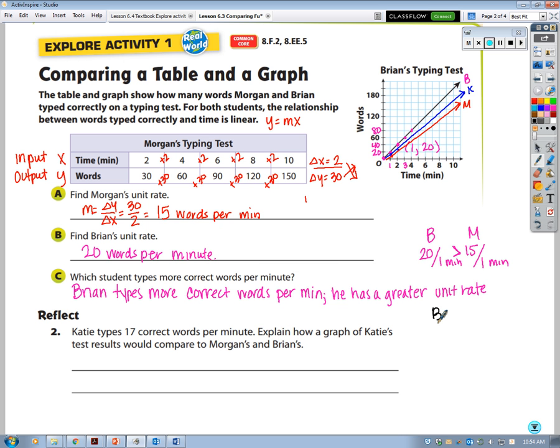So if Brian's is 20 words per minute, Katie's is 17 words per minute, and Morgan's is 15 words per minute. So Brian's is greater than Katie's, Katie's is greater than Morgan's. That's my greater than sign, right? So on the graph, her line would be greater than Morgan's, but less than Brian's.